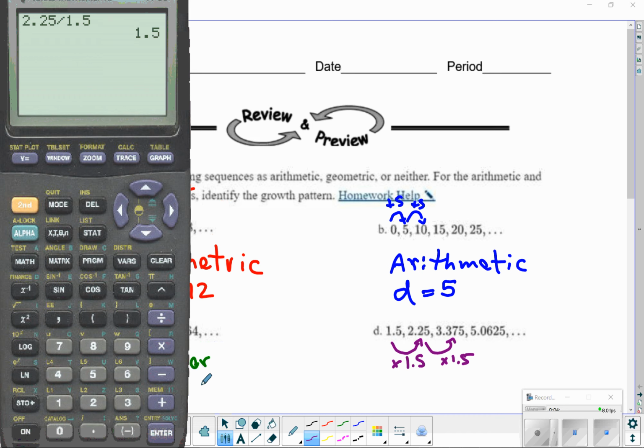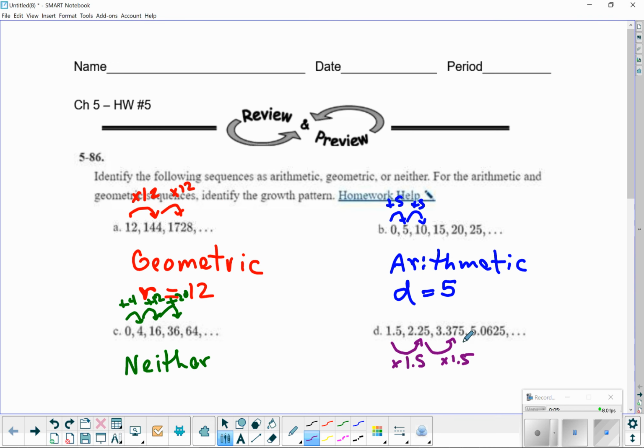So 1.5 times 1.5, and that gets you 2.25. And take 2.25 times 1.5. That gets you 3.375. Let's try one more time, times 1.5, and that should give you 5.0625. Yep, so that means that I found the pattern, which is multiply by 1.5.